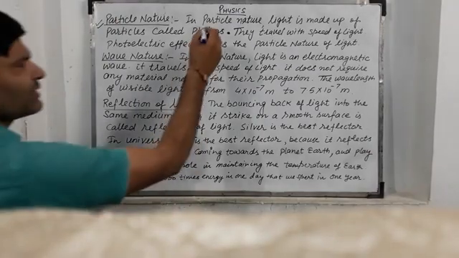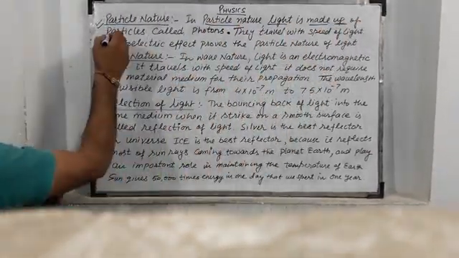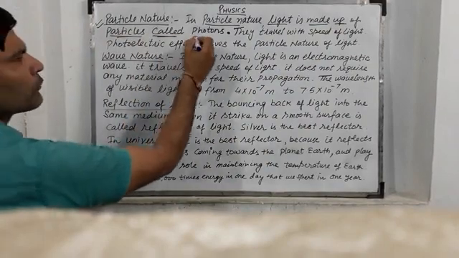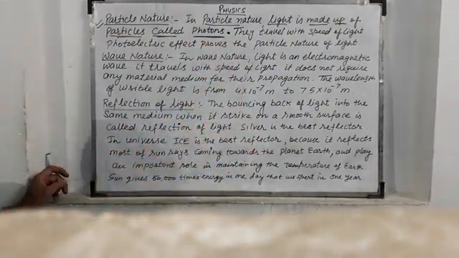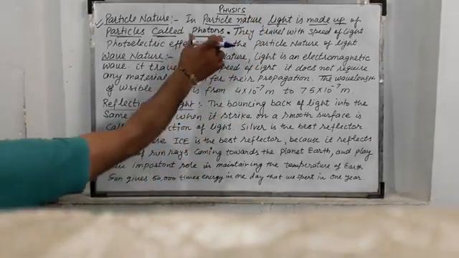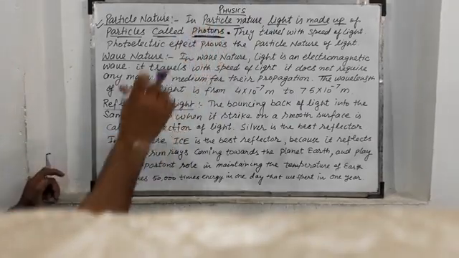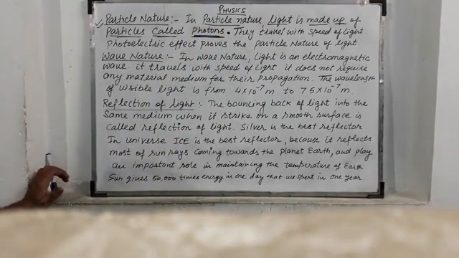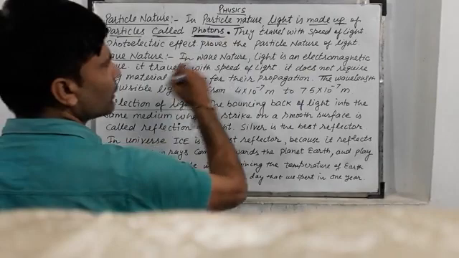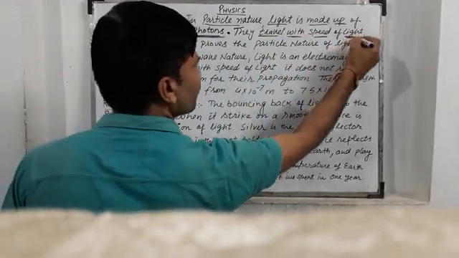In particle nature, light is made up of particles called photons. Photons are the packets of energy.